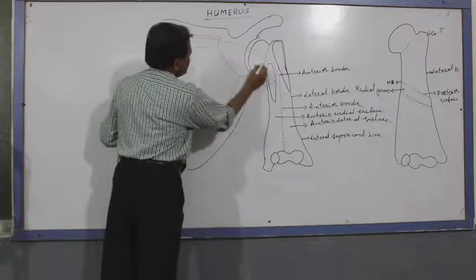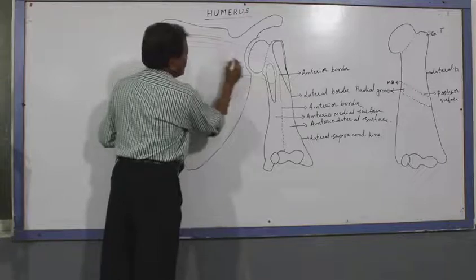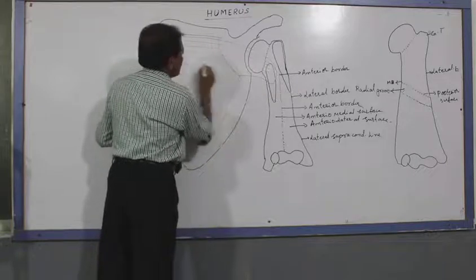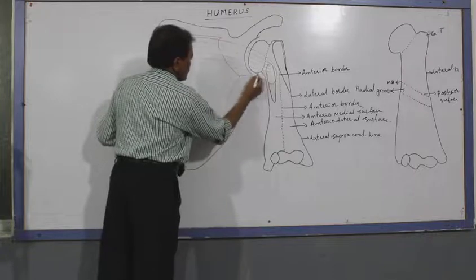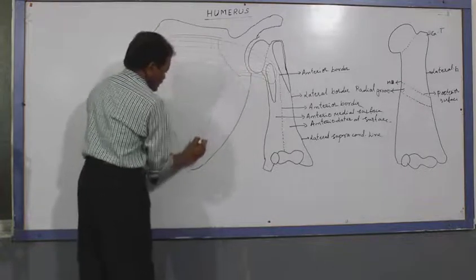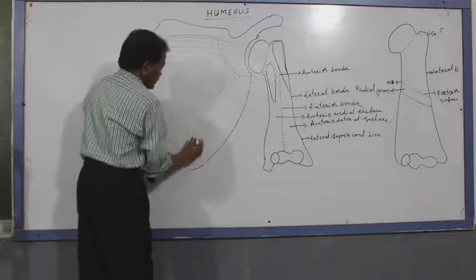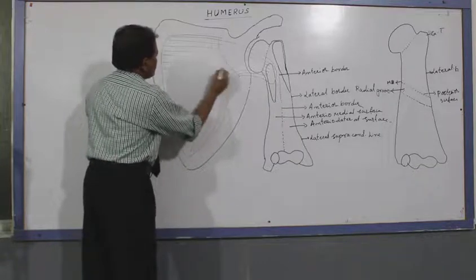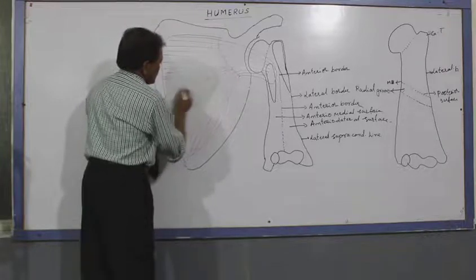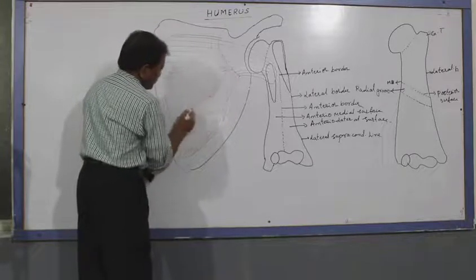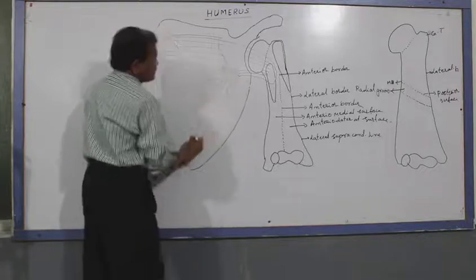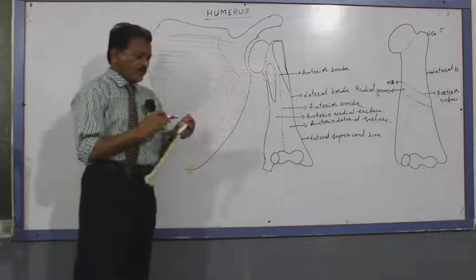The muscle fibers are running on the lateral side, and they are inserted into the lesser tubercle of the humerus. It arises from here, and the insertion is in the lesser tubercle.